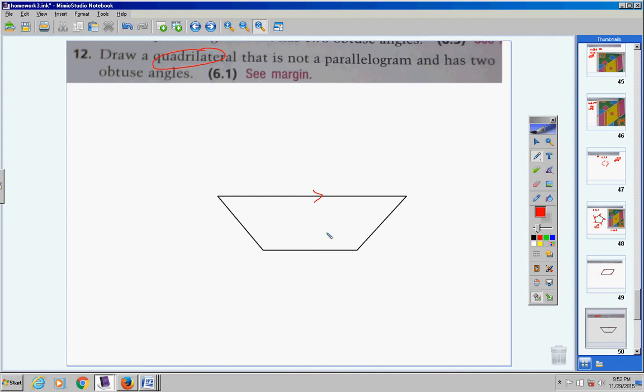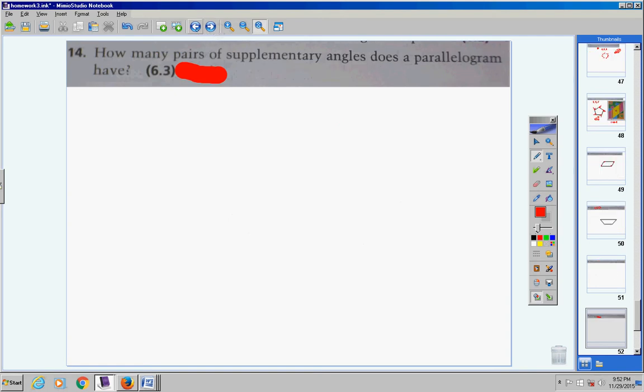This side's parallel to this side, but this side is not parallel to this side. And it has 2 obtuse angles. This angle's definitely larger than 90. This angle's larger than 90. This angle's less than 90. And this angle's less than 90. Okay? So that's a quadrilateral with 2 obtuse angles. That's not a parallelogram.